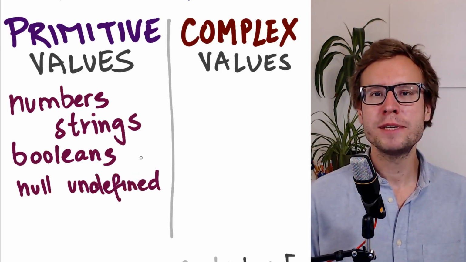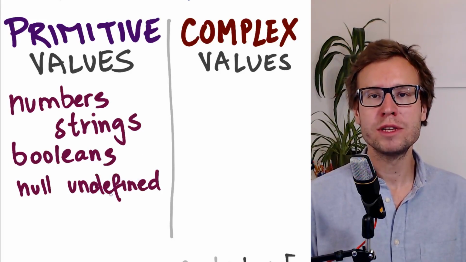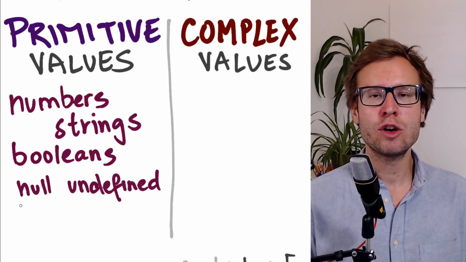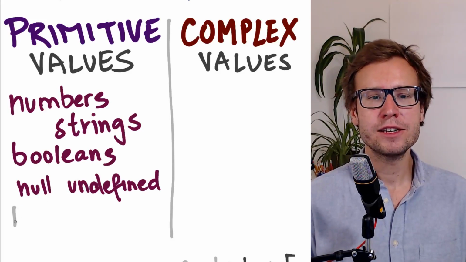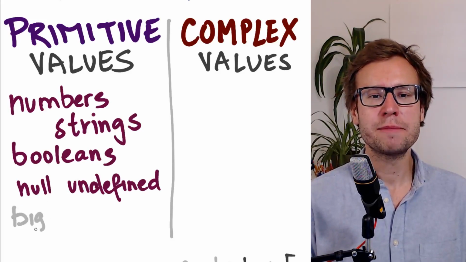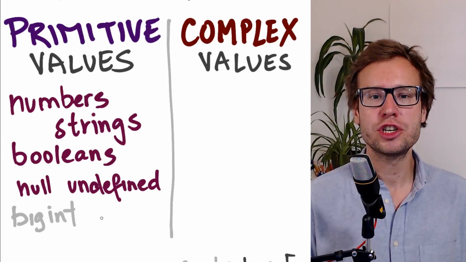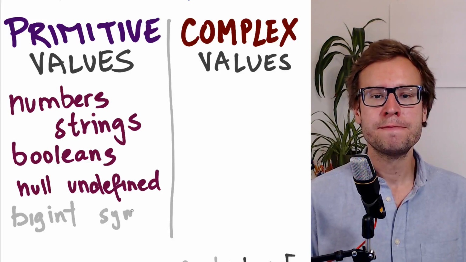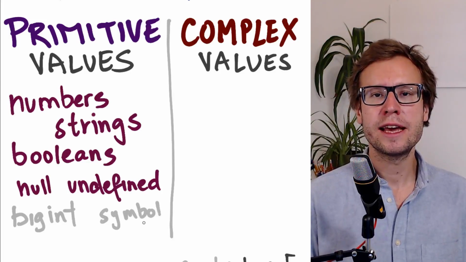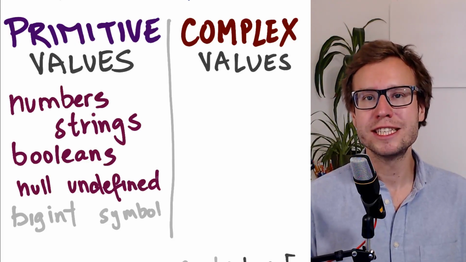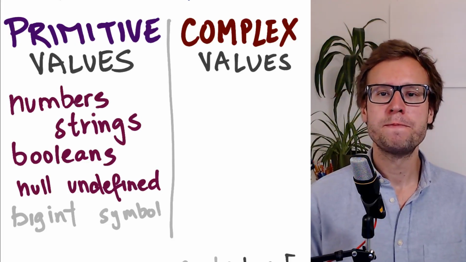And if we want to be complete, there's two more, and you don't have to know everything about them. They include the big int, which is short for big integer, and the symbol. These aren't values that you need to really know about, so don't worry about those.